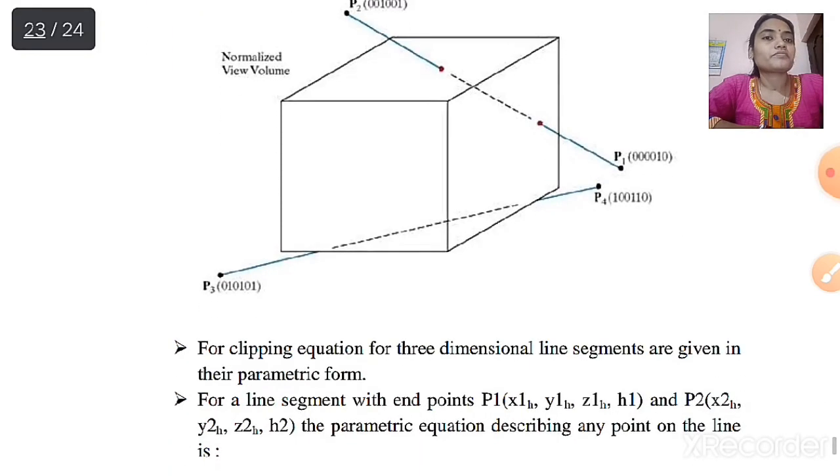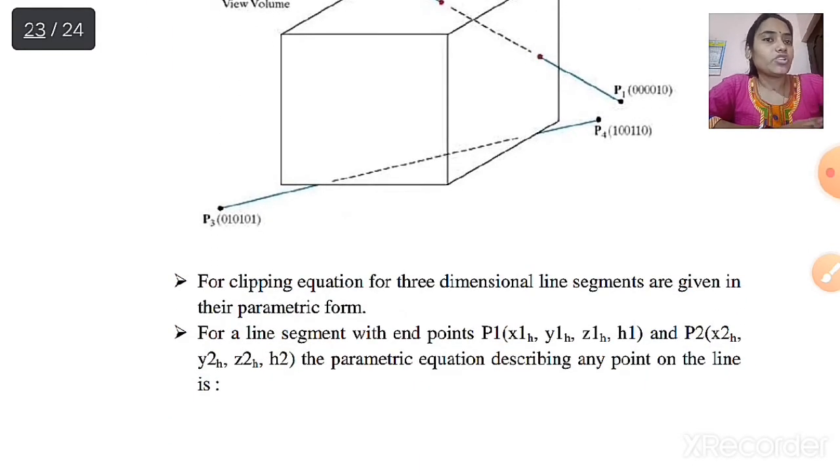The clipping equations for a three-dimensional line segment are given in parametric form.